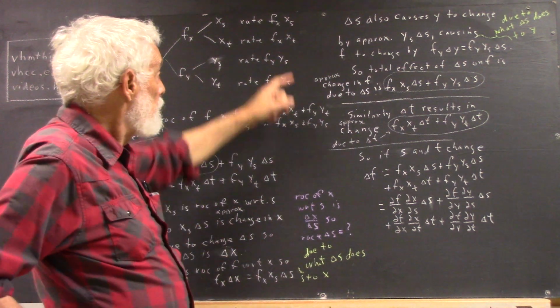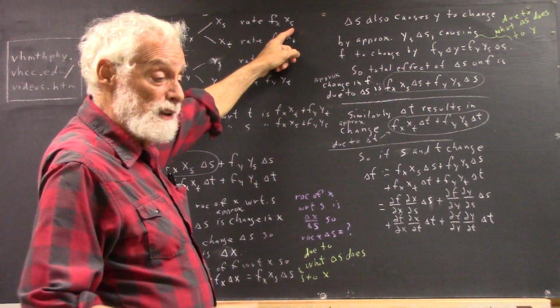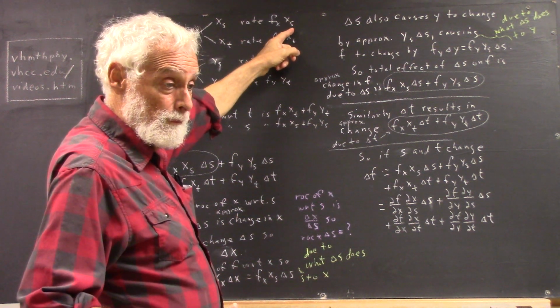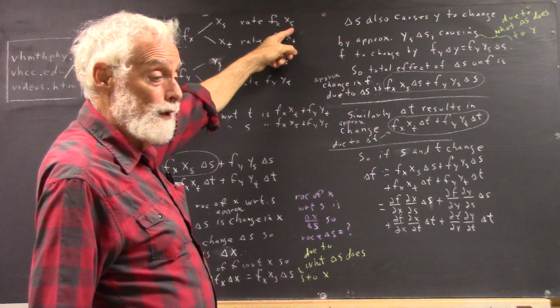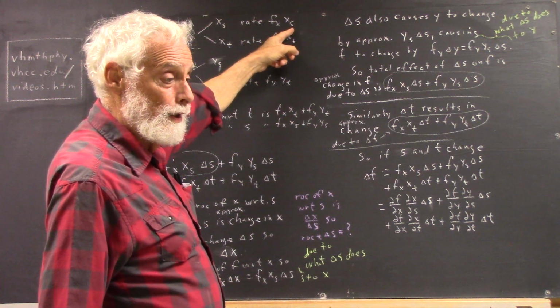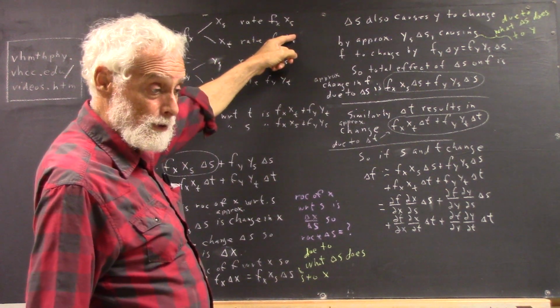If a change in s causes x to change by 2 units, now that's kind of a big change, but we'll take that, then f will change by fx times that 2 units.